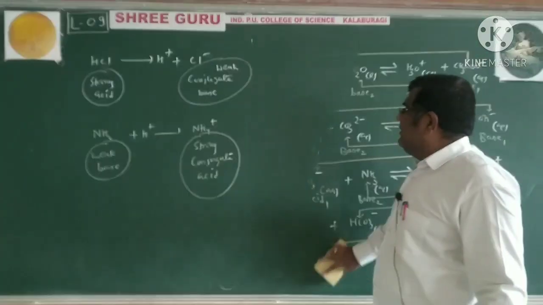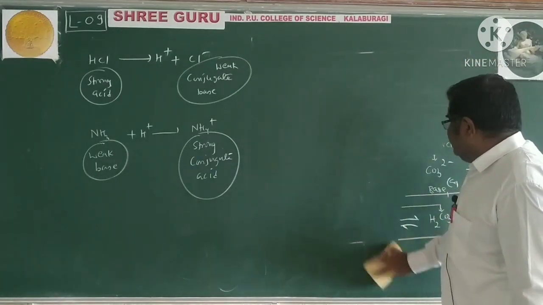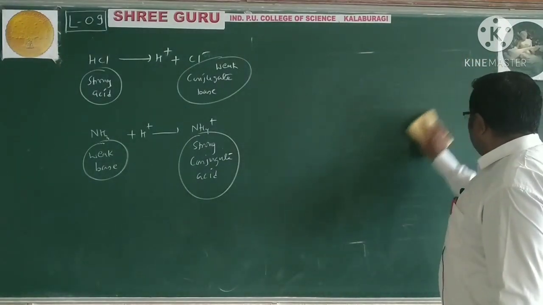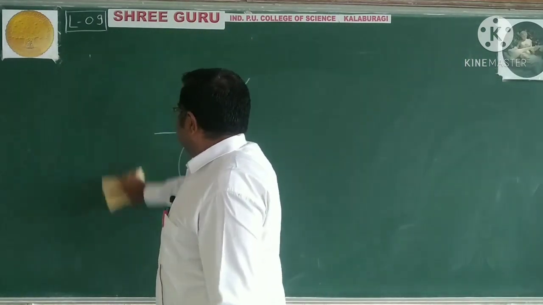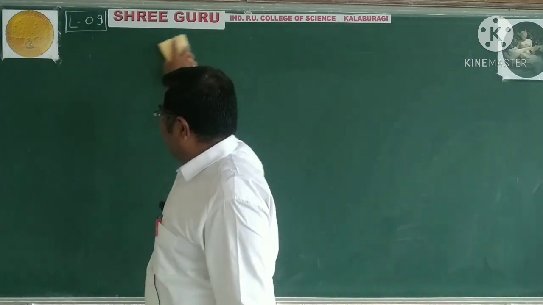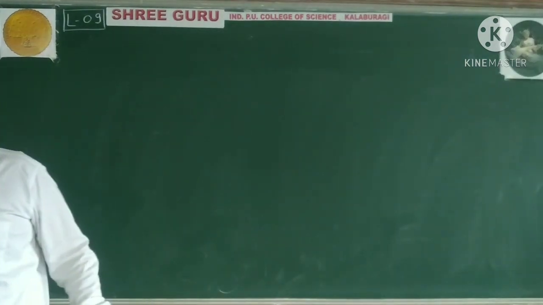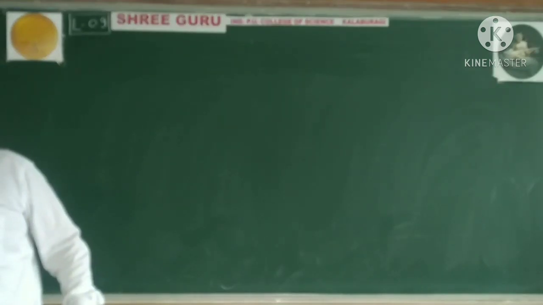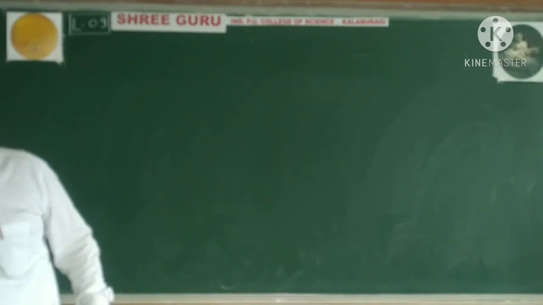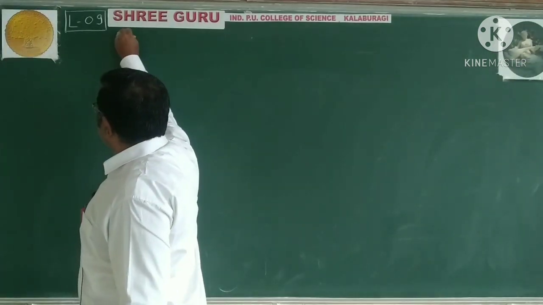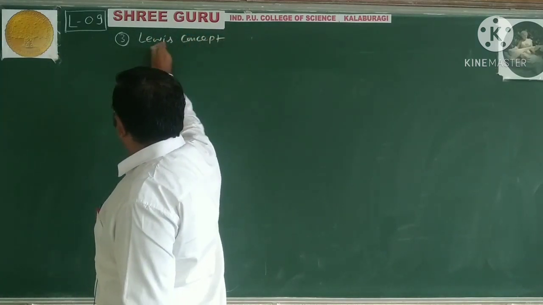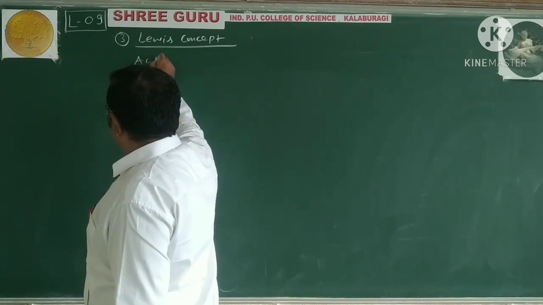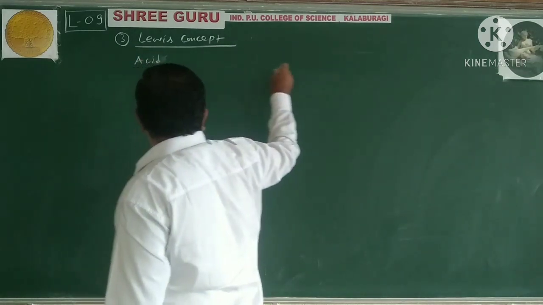Last concept regarding acid and base is the Lewis concept. We have to apply it in so many different topics. Let's see how we can define the Lewis acid and Lewis base. Third is Lewis concept, acid and base.